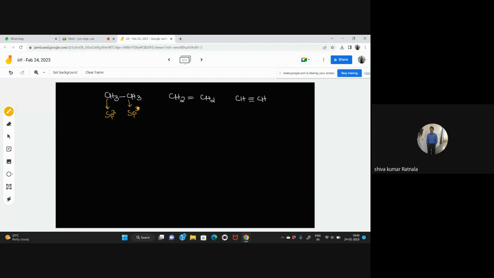And this is sp2, this is also sp2, and this is sp. All are the same carbon atom, yes or no? So all should have the electronegativity value of 2.5 only. But because of hybridization, the sp carbon will have the highest electronegativity compared to the others. This is the first parameter.